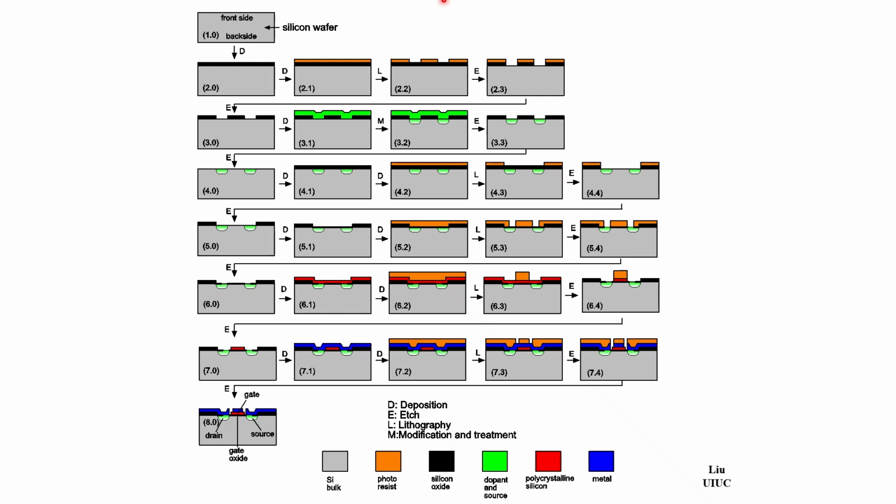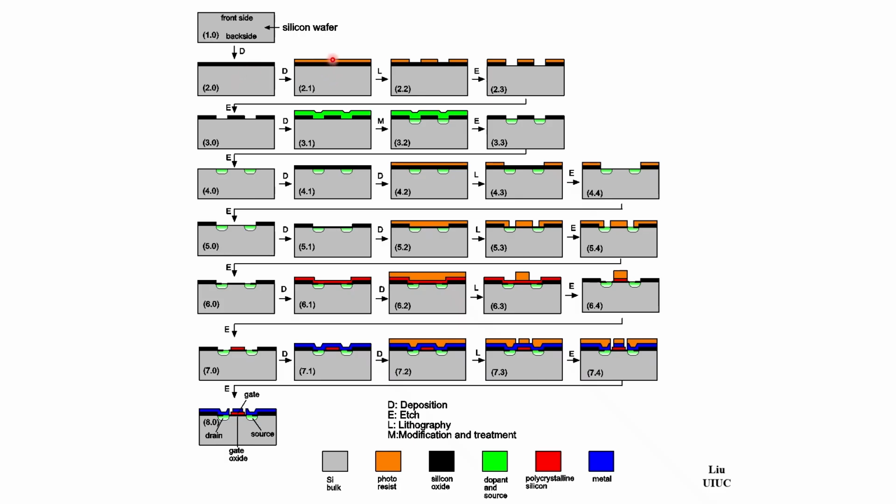Here is a simplified process flow for making a MOS transistor. It consists of several different stages of photolithography and deposition of materials and removal of materials. For example, we start with a silicon wafer and cover it with an oxide material by growing thermal oxide.